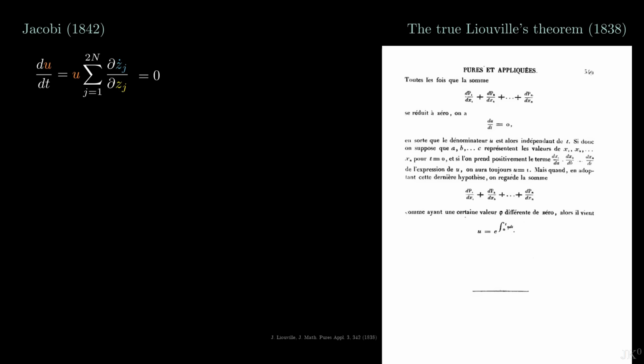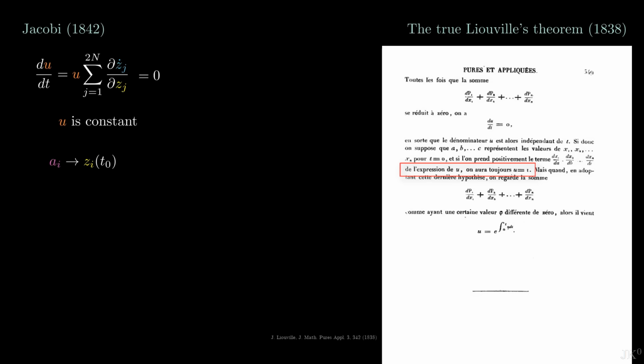Liouville actually ended his paper with a comment for the particular case of a vanishing sum. He wrote that if the sum happens to add up to zero, then the determinant u is a constant that can be chosen to be equal to 1. The way to do this is by writing the m integration constants in terms of the unknown functions evaluated at a particular earlier time that we can call t0.